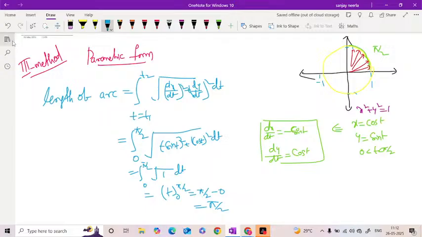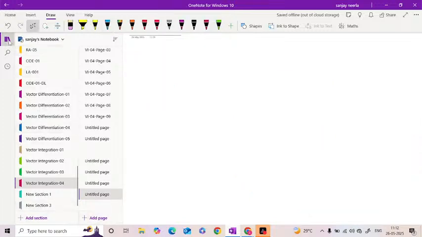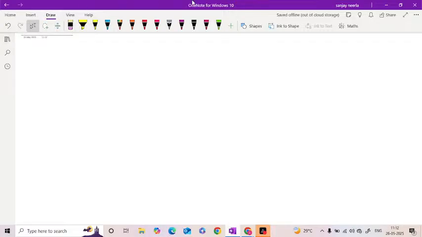Similarly, we can easily find this length of the arc in two more forms. Now this is the idea of finding the length of the arc in parametric form. Just observe the formula.